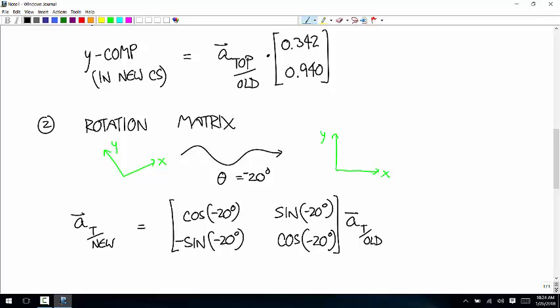What this gives you is, the x component is this vector dotted with cosine negative 20, sine of negative 20. Your y component is the dot product with negative sine of negative 20, so sine 20, and cosine negative 20. Obviously the answers have to match, so it's the exact same thing we did in the first method.